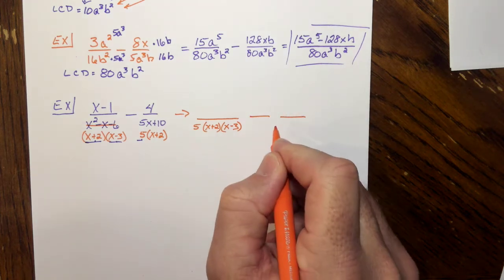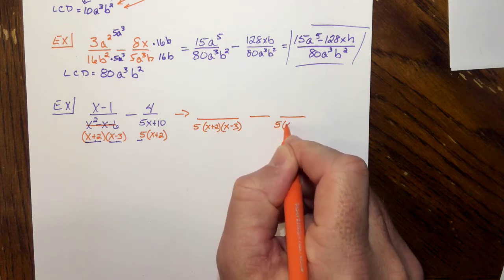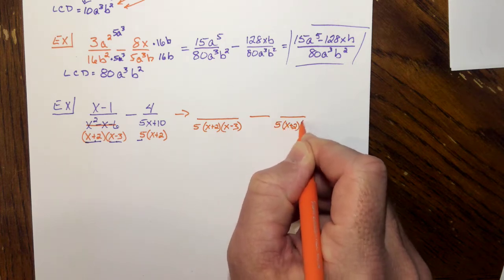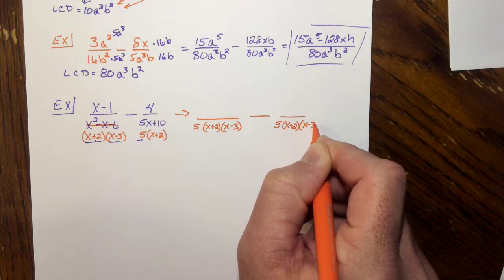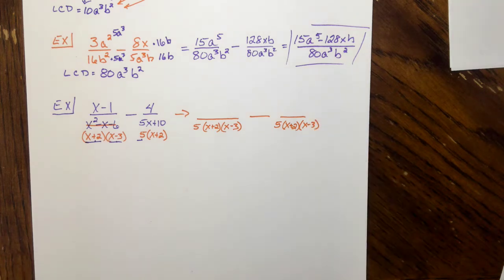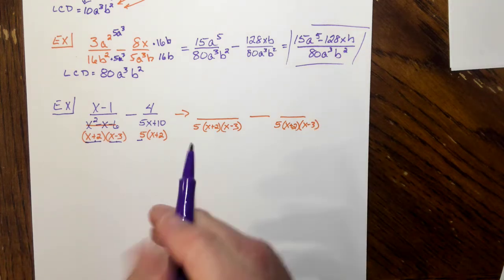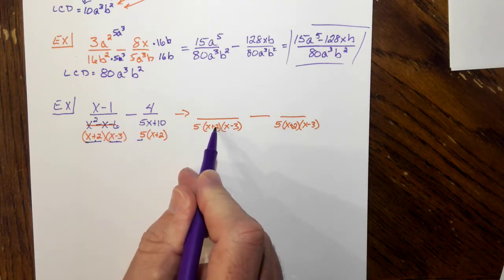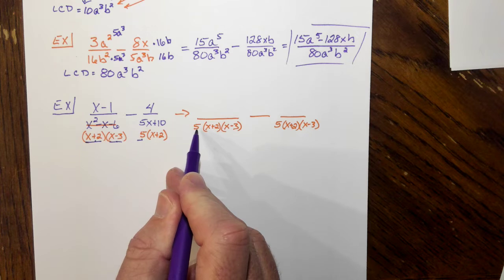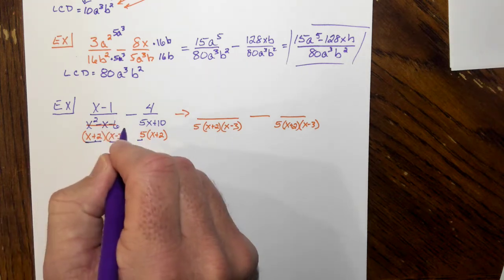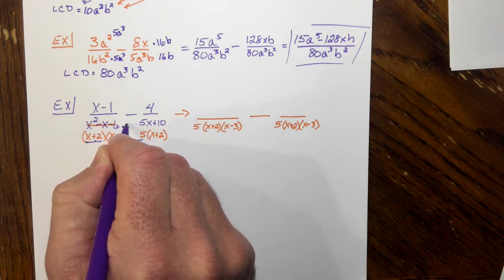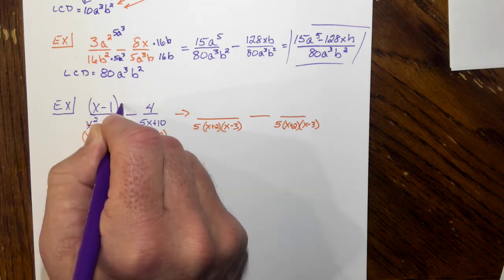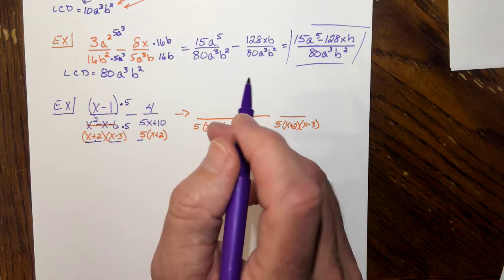So what has to change in order to get to that common denominator? Big minus sign. What has to change? Well, let's look. It has to be a 5 quantity. I look here. There's that quantity. There's that quantity. What's different? Multiplied by 5. So I got to take this times 5 and this times 5.